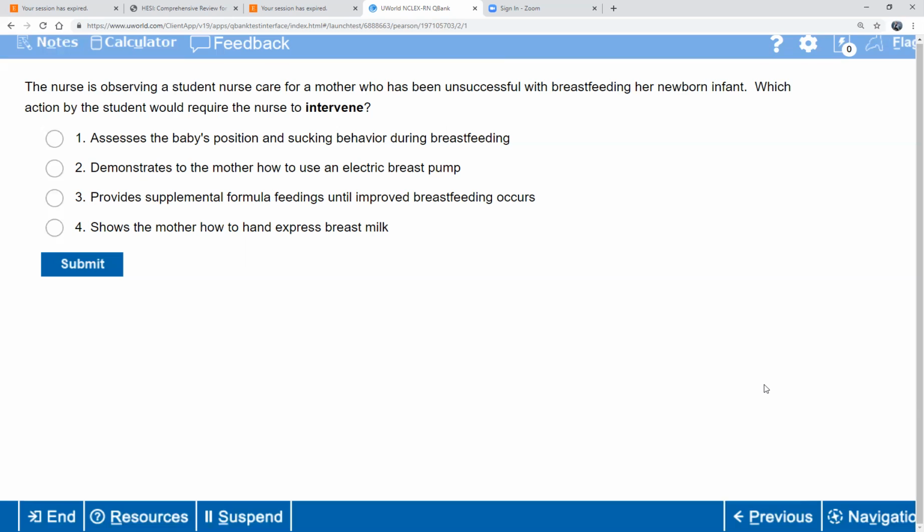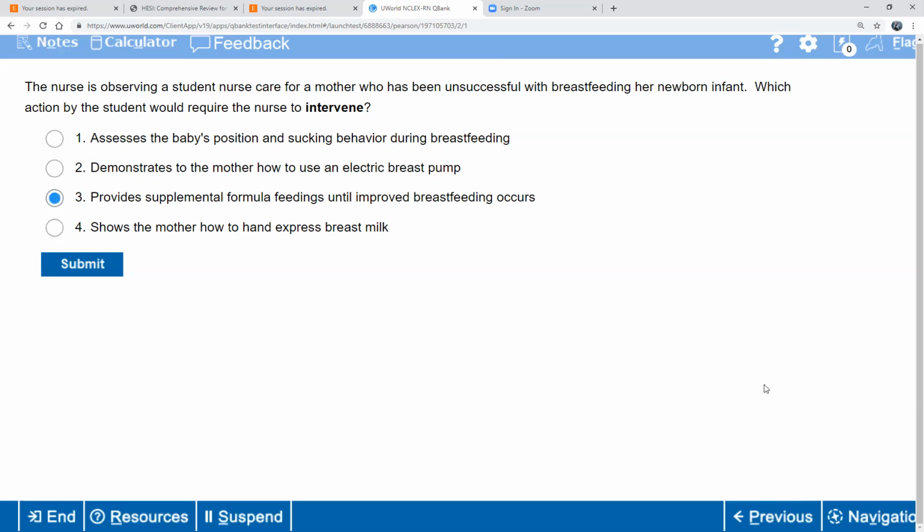If mom asks you, can I supplement my breastfeeding with formula, then you could bring up the facts. Yeah, you could. It's not as beneficial as breastfeeding. They really recommend that you stick with breastfeeding. But if mom felt like the baby wasn't getting enough food, then you could introduce it. But you don't introduce it to mom until she introduces it to you, really, unless the baby is nutritionally suffering.